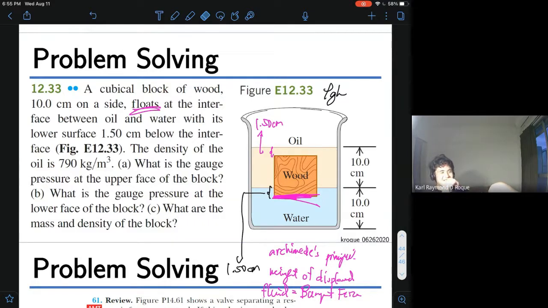Hindi eh. Ay, wait. Teka, check ko. P-oil. Ano ba yung P-oil? 790 times 9.8 times 0.15. Hindi eh. Hindi. Baka mali ka ng density. Density of oil is 790, no?